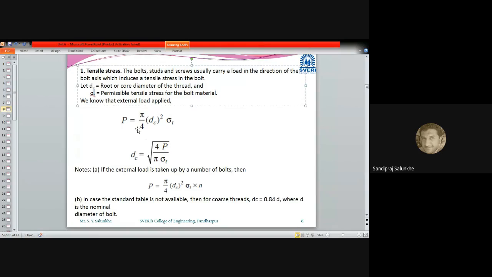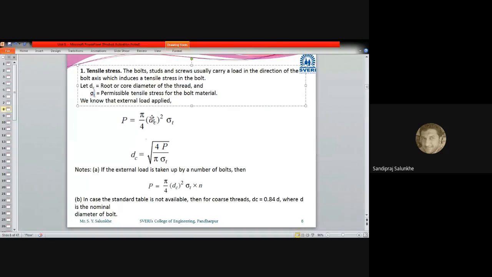Under the application of force, force divided by the area sustaining the tensile stress is equal to the tensile stress. So P is equal to area multiplied by stress. Area is given by pi by 4 dc square.